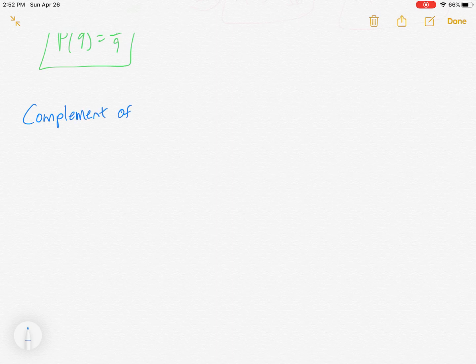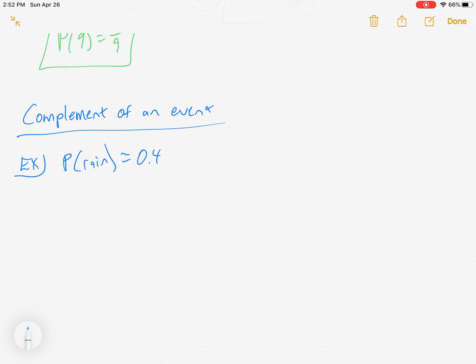A couple of other quick things, and we will wrap this section up. I need to talk about the idea of a complement of an event. Complement. You know, we talked about complementary angles. This is not the same. So if you have a complement of an event, it's like saying, let's just do this example.